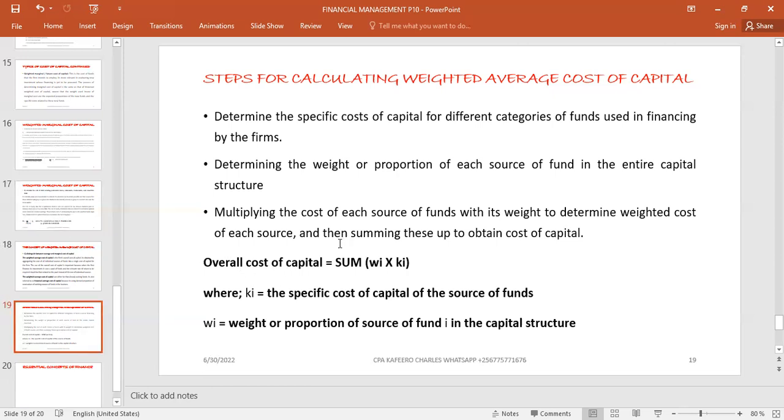The overall cost of capital is equal to the summation of the weights times the specific cost of capital for each source. When you sum up, whatever we get will be called the company's required rate of return.